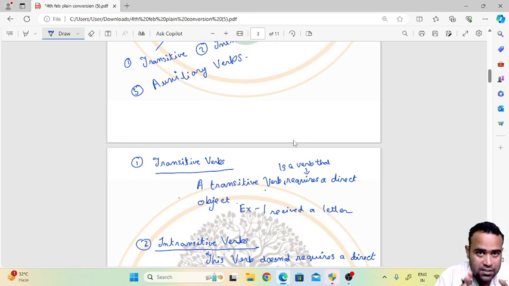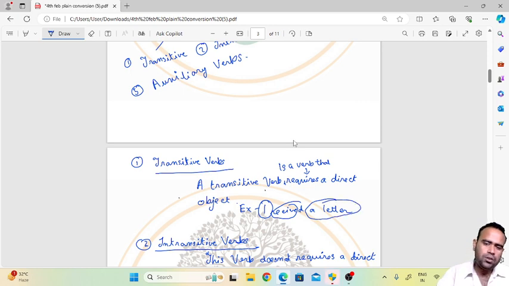A transitive verb is a verb that requires a direct object. If we check the example, we can find out. I received a letter. So here I is the subject, received is a verb, and a letter is the object, right?